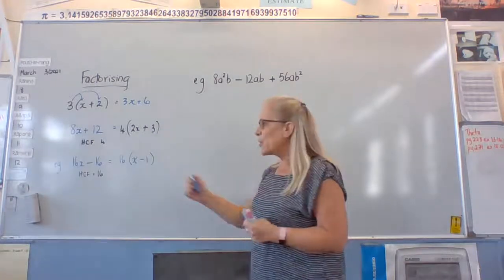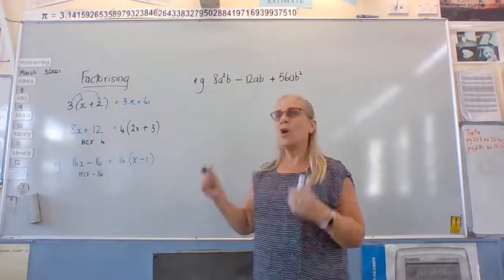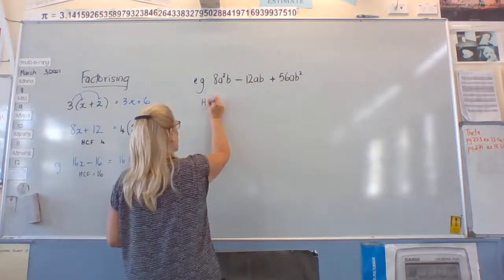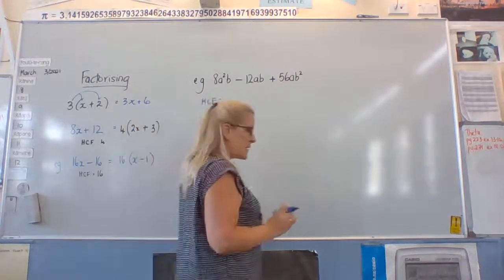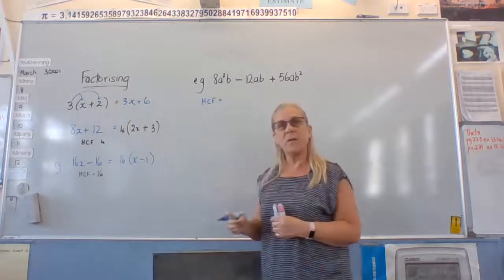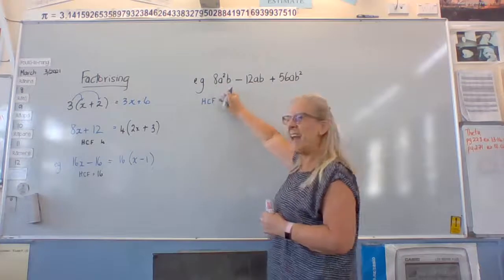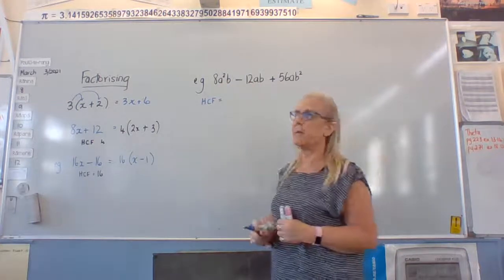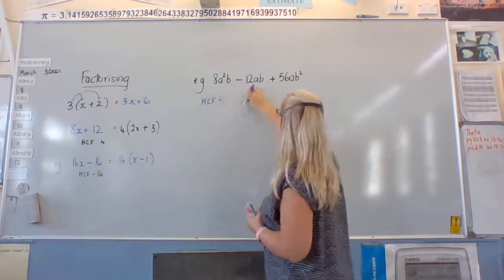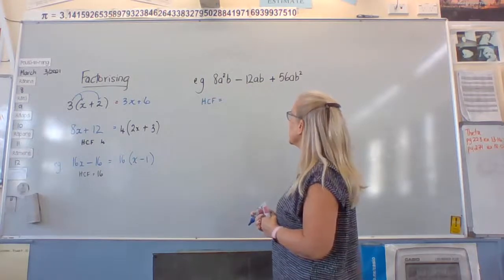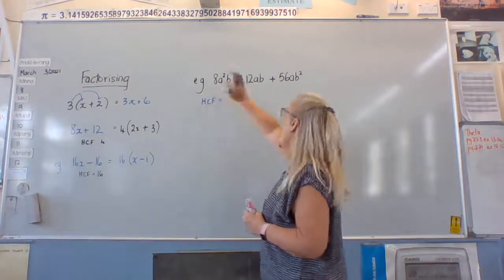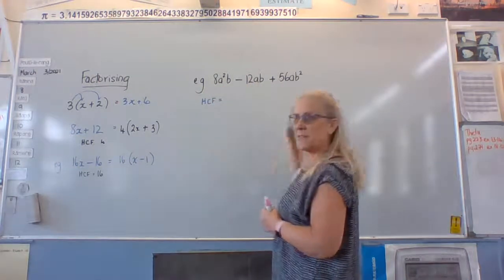We are still looking for the highest common factor, the largest thing that we can actually divide out of this term, and this term. So we've got 8, 12, and 56. What is the largest number that can divide into 8, and into 12, and into 56?